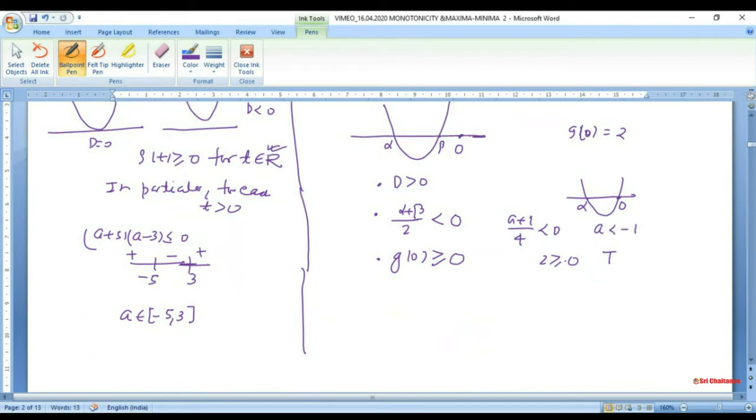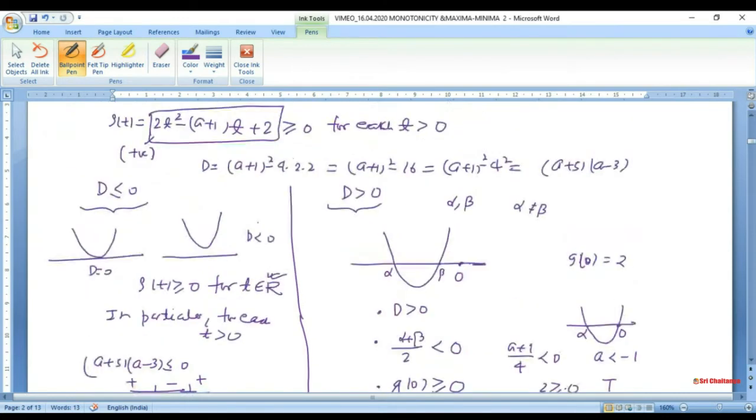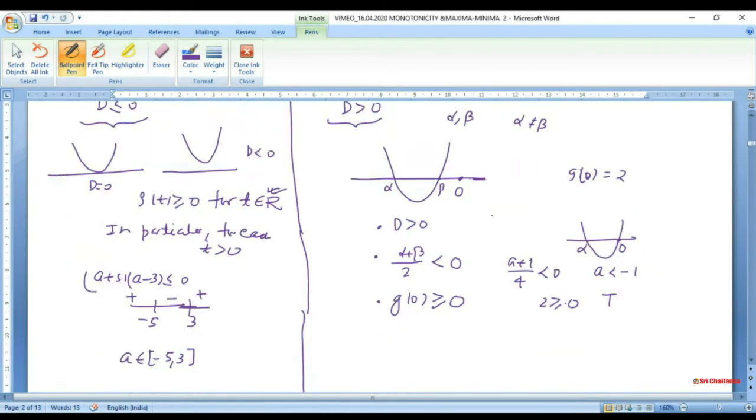It's strictly less than. And then when I come to the further part, d greater than 0, your d was (a plus 5)(a minus 3). So d positive will give this kind of thing. You had minus 5 and 3, and so you have positive, negative, positive.